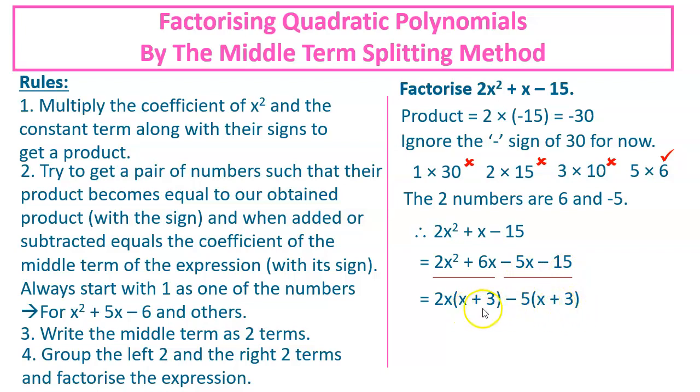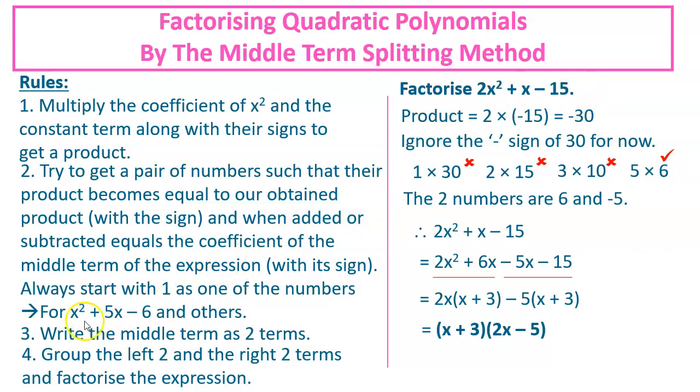The expression within the two parentheses should be the same. So x plus 3 is the common factor between these two terms, and we get 2x from the first part and minus 5 from the second part. So it is x plus 3 times 2x minus 5. This is the completely factorized form of the given quadratic expression, 2x squared plus x minus 15.